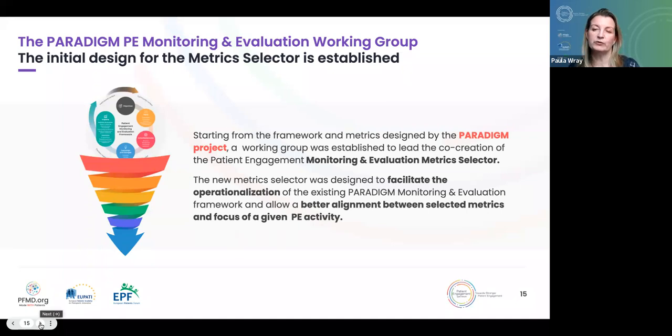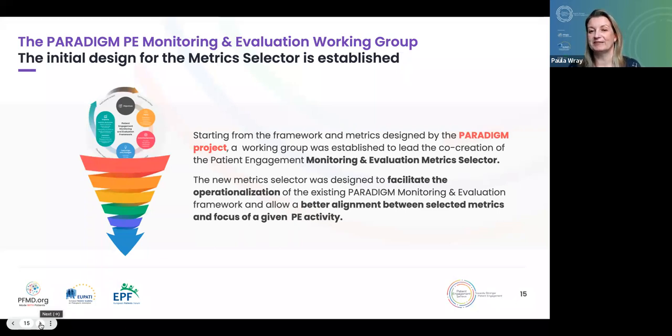It was important we had the Paradigm team there, so that we didn't lose any of the rigor from the work they'd done. They extracted all 87 metrics from the published literature around patient engagement to show what people had been using in the past, and then grouped them into the different stages. So we've got your inputs, your outputs, and your impacts. It was important we maintained all of that.